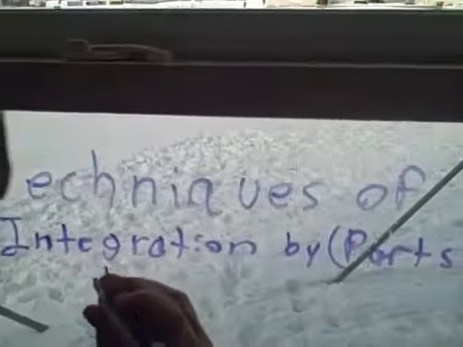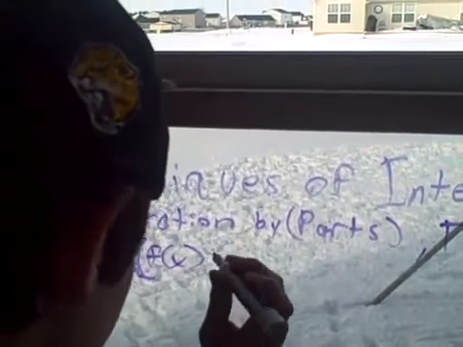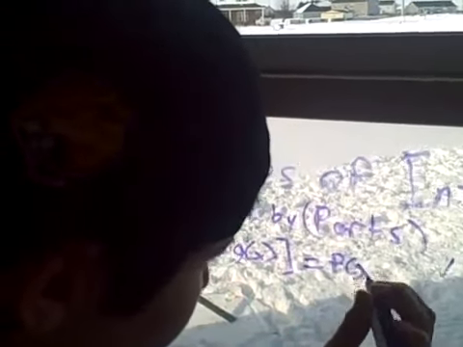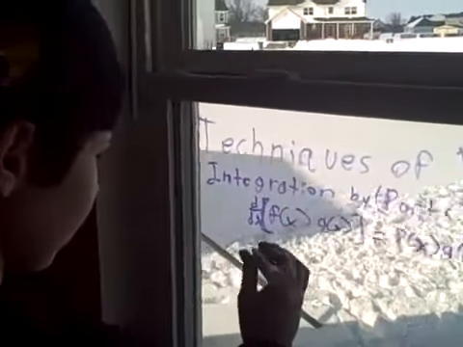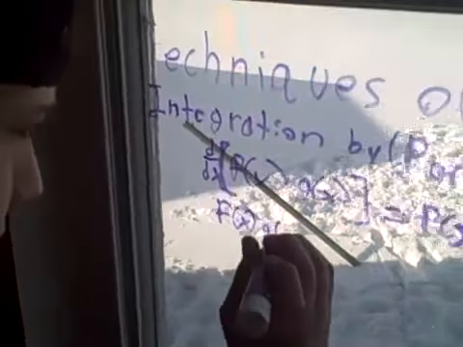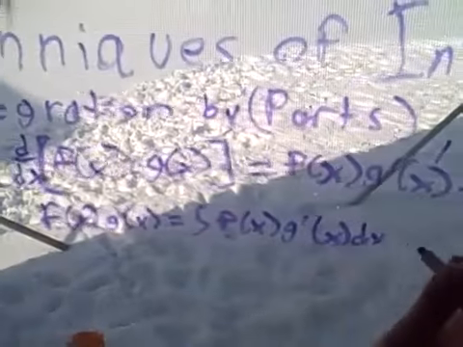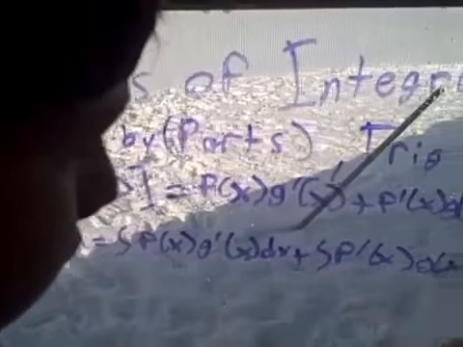I can go back to calculus 1 and say d by dx of f of x times g of x equals f of x times g prime of x plus f prime of x g of x. I can take the integral of both sides, so I get f of x times g of x equals integral f of x g prime of x dx plus integral f prime of x g of x dx.